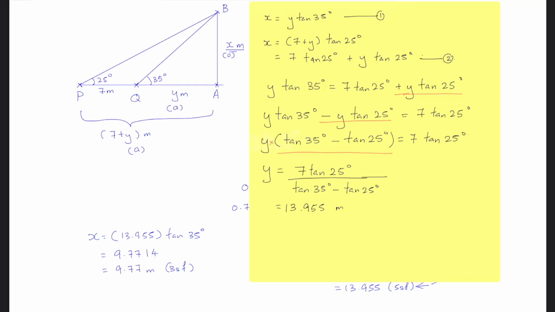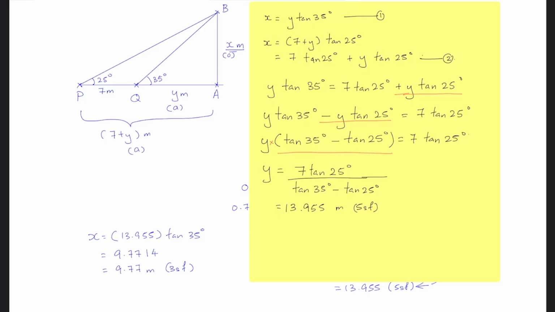Equals to 13.955 meter, and this is 5 SF. Now take note, this does not equal tangent 10 degrees. No, this is not tangent 10 degrees. Please do not write this as tangent 10 degrees. It's totally two different things. So just leave it as it is.